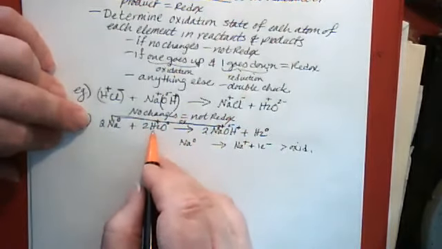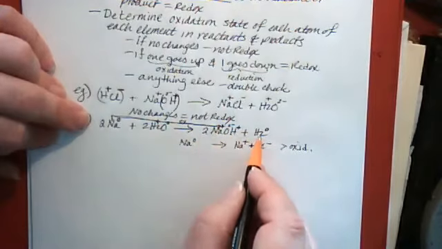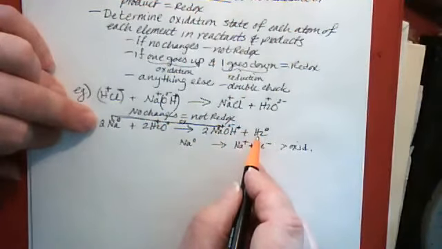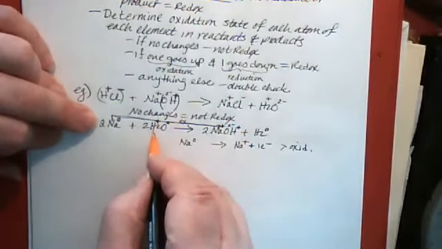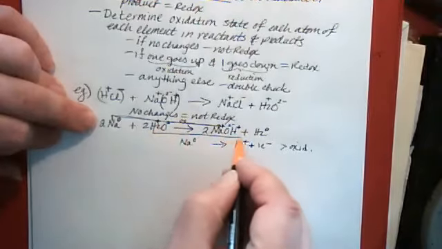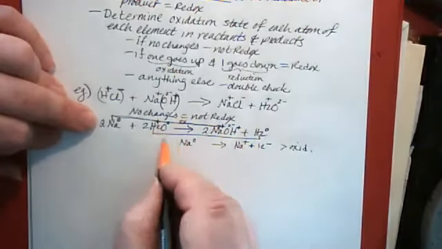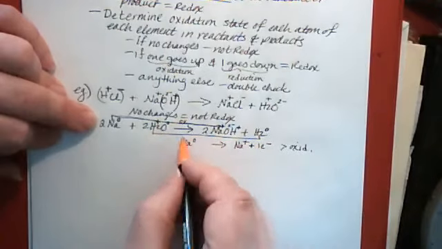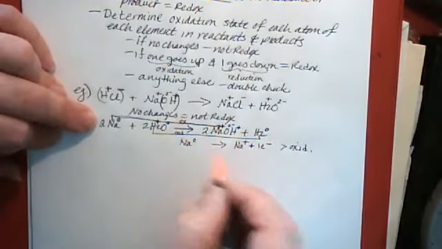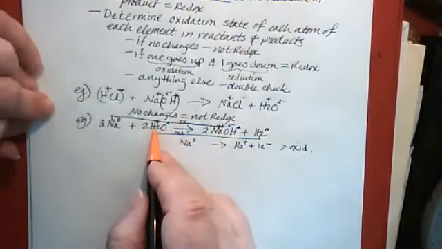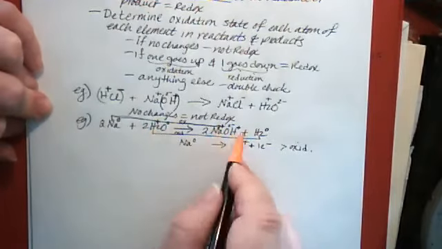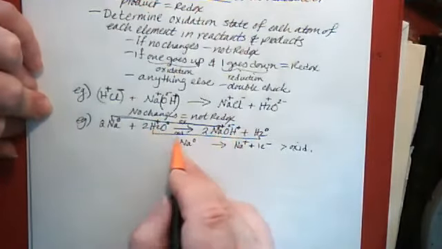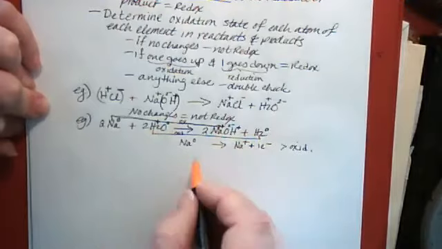And let's see, hydrogen goes from +1 to 0. So one of those hydrogens goes from +1 to 0, or sorry, two of them go from +1 to 0. That's a reduction. Notice that some of the hydrogens go from +1 to +1, so some of the hydrogens stay the same, but some of the hydrogens are reduced.